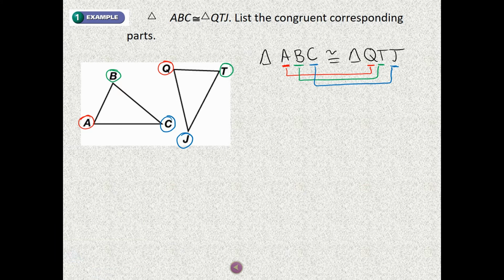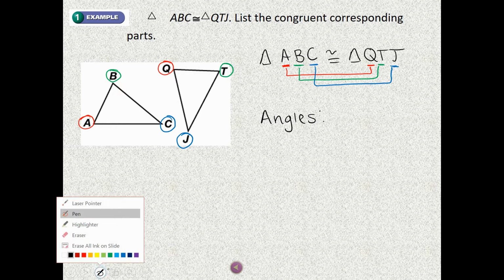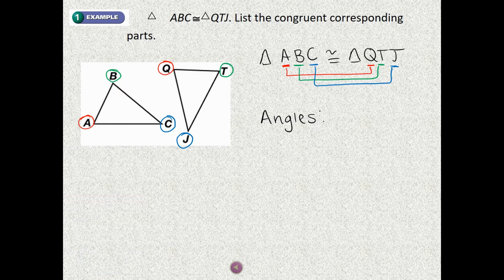Now, if we need to list the congruent angles, we can use the corresponding parts. So, for example, since A and Q correspond, these angles would be congruent.